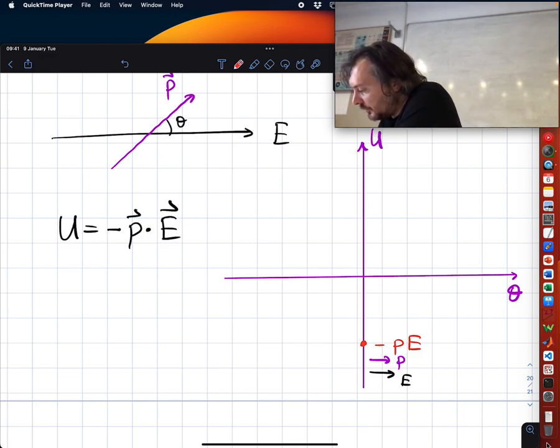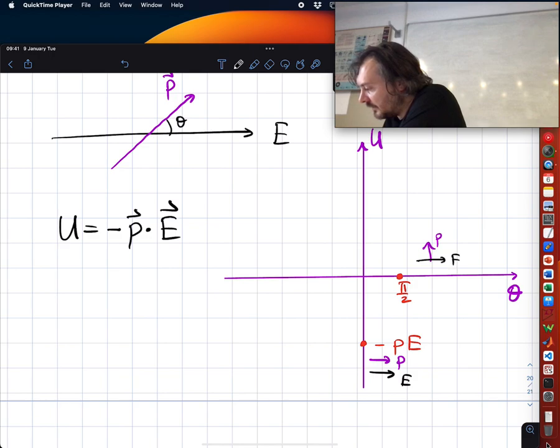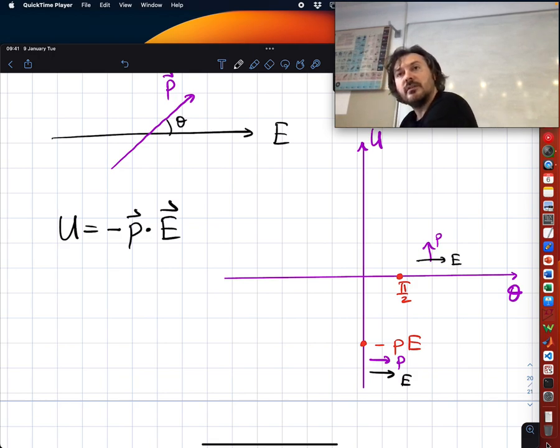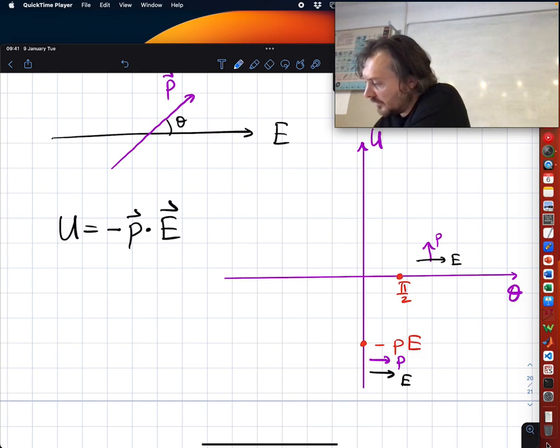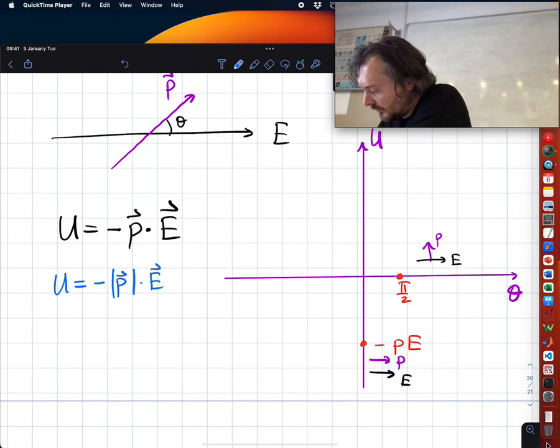When theta is pi over 2, meaning that this is like this and the electric field is like this, what is the energy? 0, because that product brings cosine theta, right? Let me just write it down. U is equal to minus P magnitude times E magnitude times cosine theta.